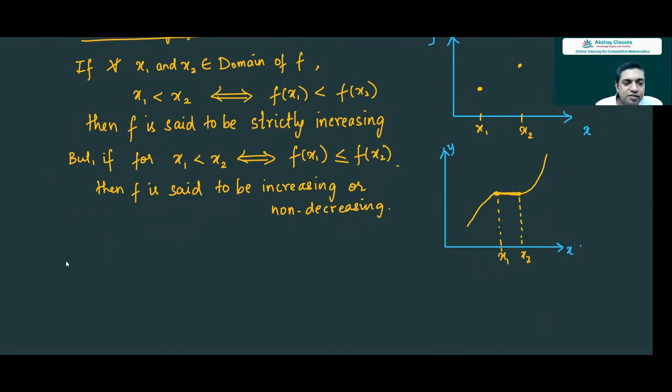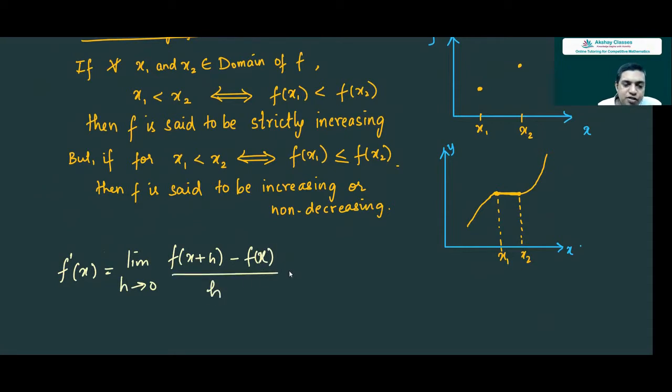So in derivatives, f dash x is limit h tending to 0, f of x plus h minus f of x upon h. H is a positive quantity. Now, if f of x plus h is greater than f of x, it means it is an increasing function.